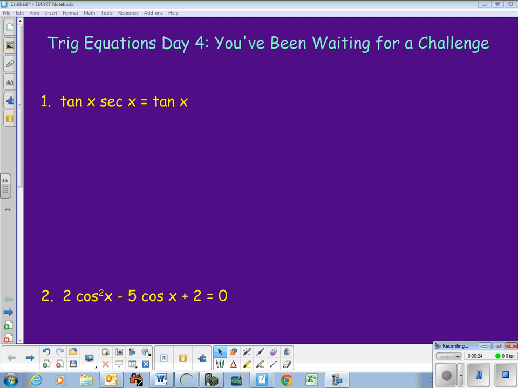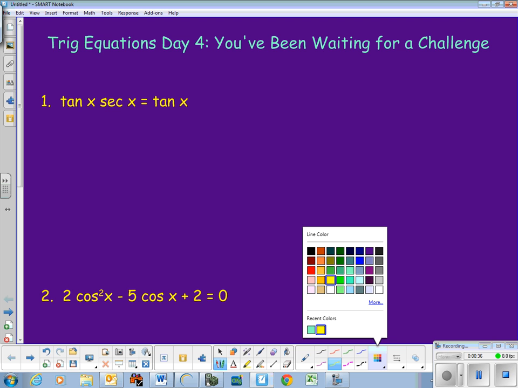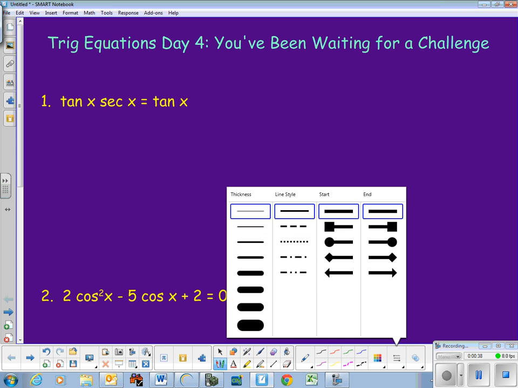All right, so number one, tangent times secant equals tangent. And what I want you to realize, it's a big no-no that everybody wants to try, and that is canceling out on both sides of the equation.